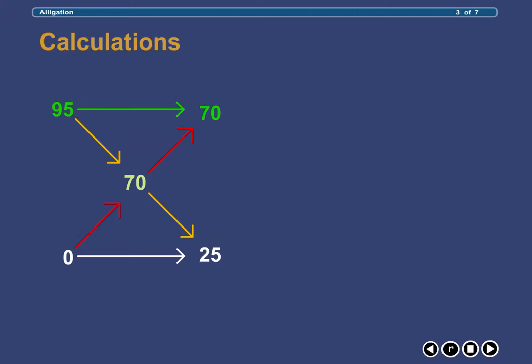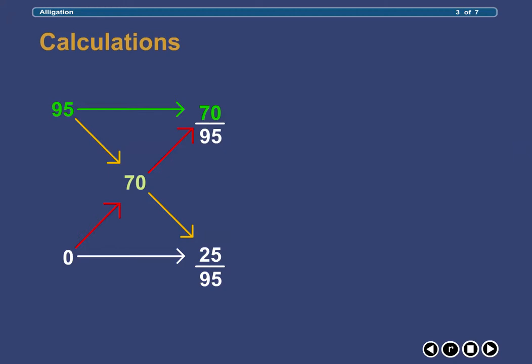We then take these values and divide them by the sum of the two parts, which is equal to 95 total parts. Doing this gives us the percentage of each component that we will need to make the final product.